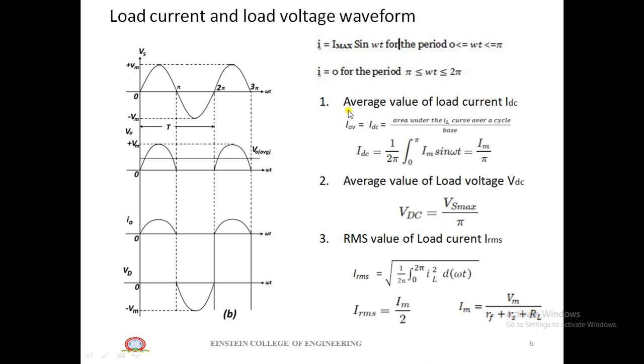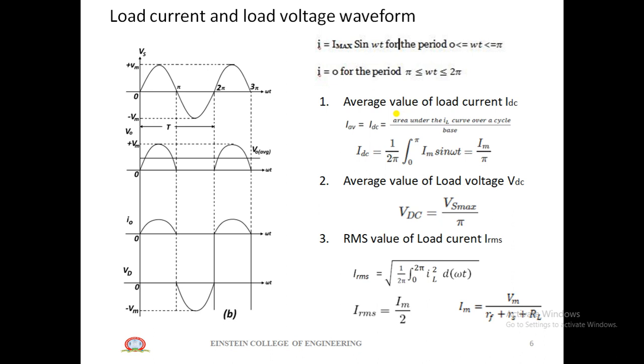The first term we are going to see is the average value of load current. Average value of load current is the ratio of the area under the curve divided by the base time period. Only one half cycle is there, divided by the time period, which is the total complete cycle, 0 to 2 pi.